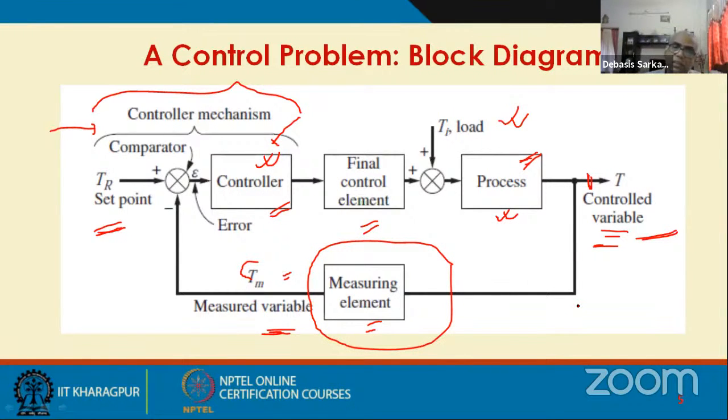Note that when you are looking for a measuring element or a sensor for a control system, that particular measuring element must receive input and give output that is suitable for the purpose of the control.